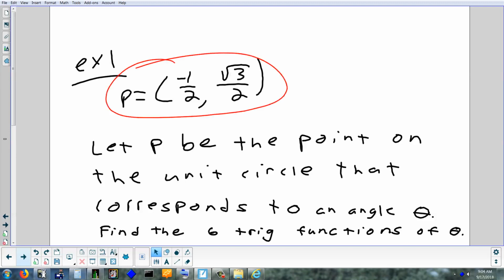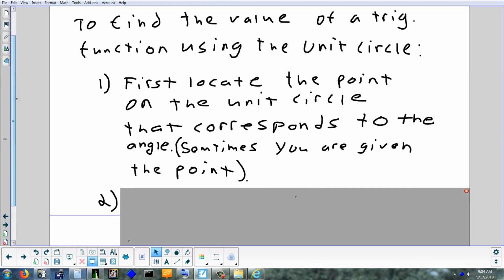They're giving it to you. What that means is this is not the coordinate for 0, 90, 180, or 270. It's another angle that we're going to study later on. How do you get the coordinate? Don't worry about it right now. I'll show you how to get it later. For now, they're just giving you the coordinate. So sometimes you're going to be given the point.